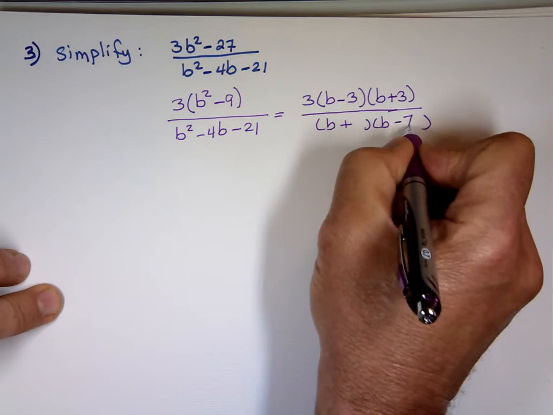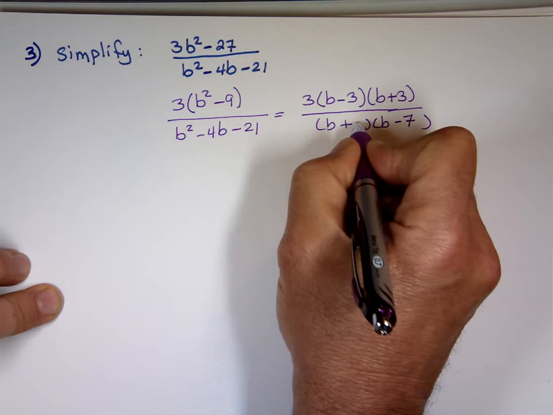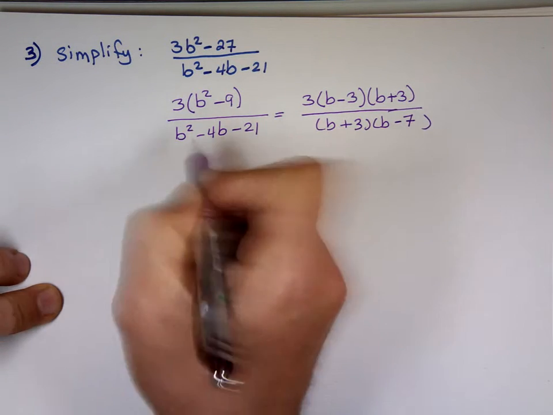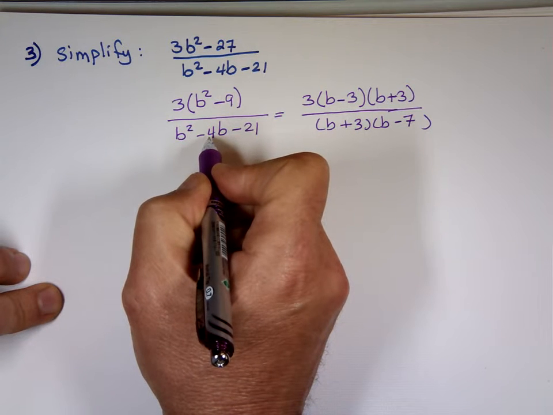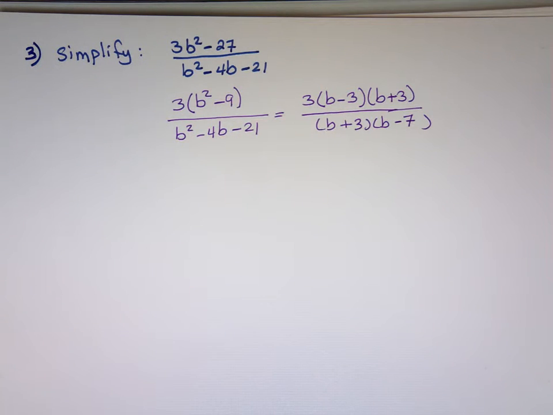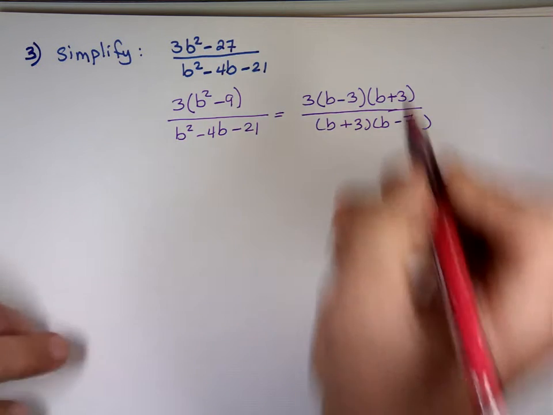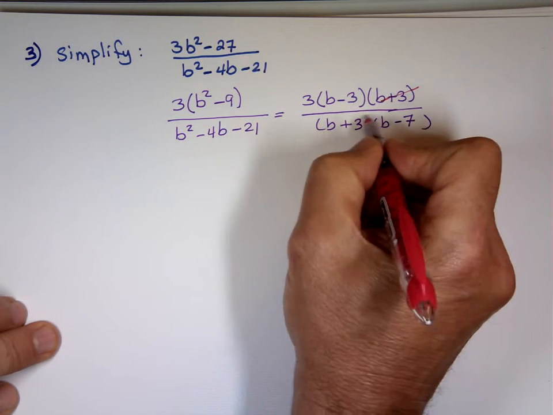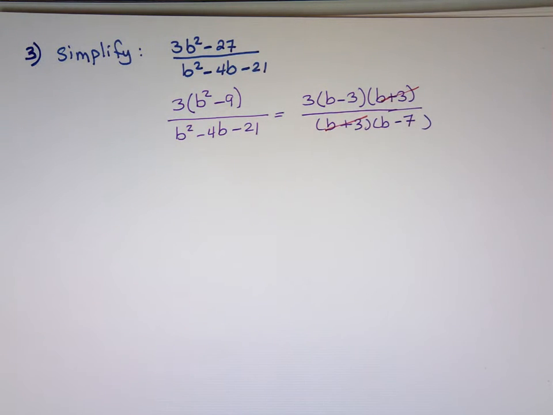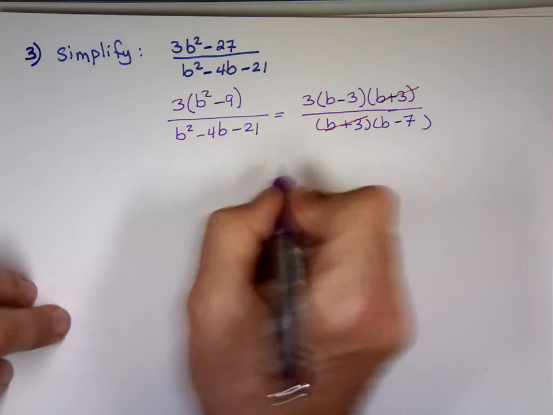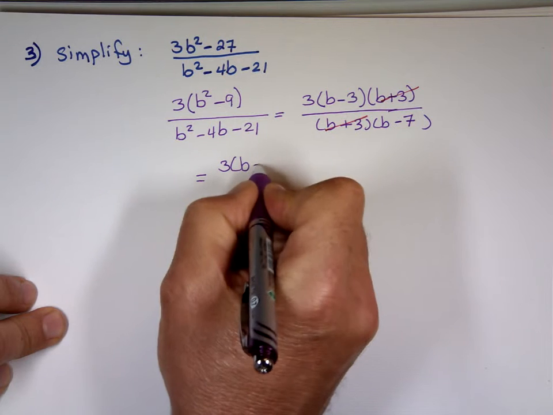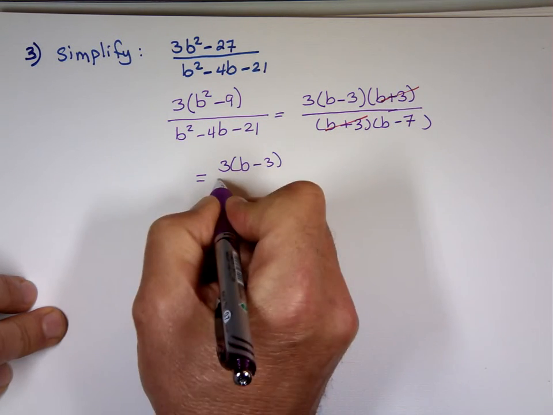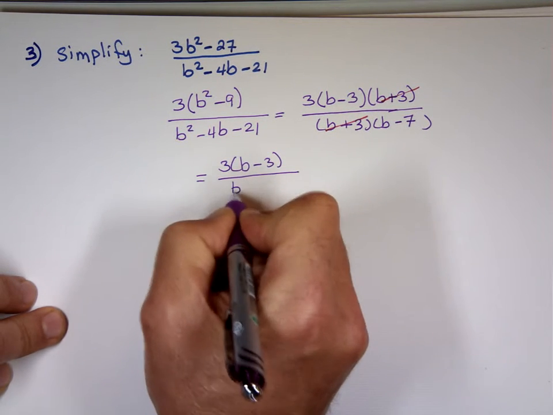Negative 7, positive 3. That'll give me the negative 4b here. And if you look closely, you will notice b plus 3 is common on the top and the bottom. So what's left on the top? 3 times b minus 3. The bottom, b minus 7.